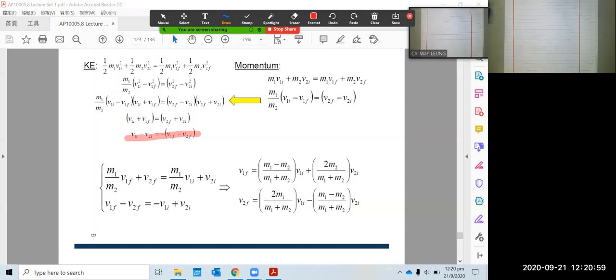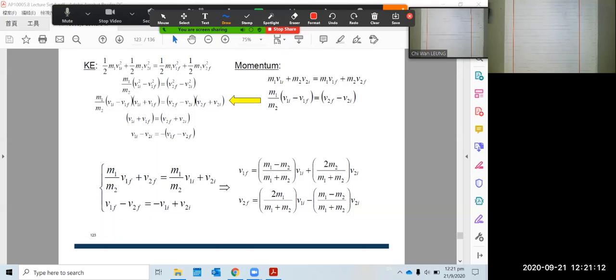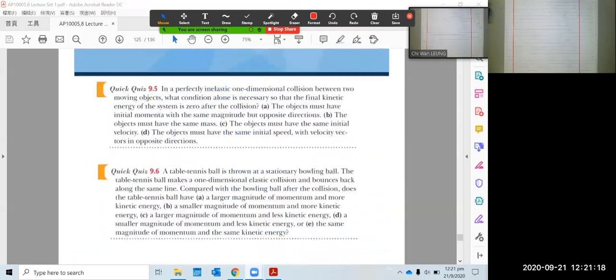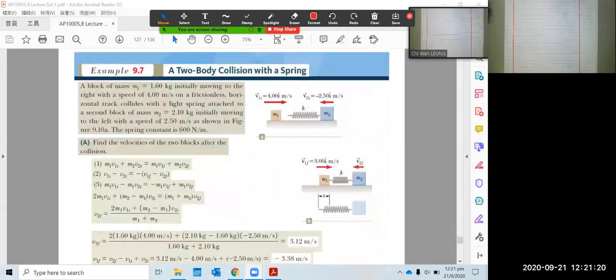So we make use of this equation to assist our calculation. So remember this equation here. I'm not saying you memorize it, but for the example that I'm talking about, this equation is equation number 2 in the slide.